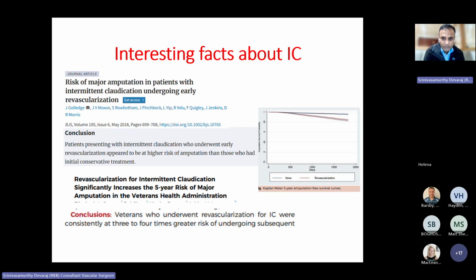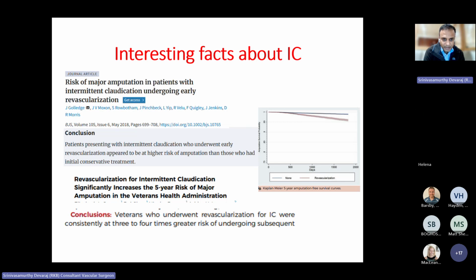So I've put two large studies here. The first one is a study in the UK which shows that when patients present with claudication, if you intervene early with a vascular intervention, you increase the risk of major limb amputation compared to not intervening at all.